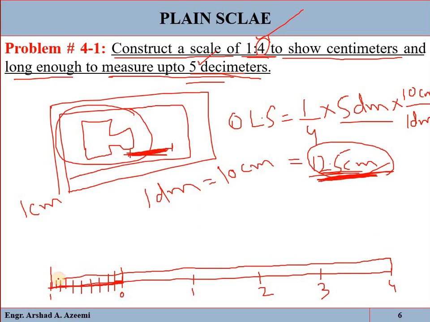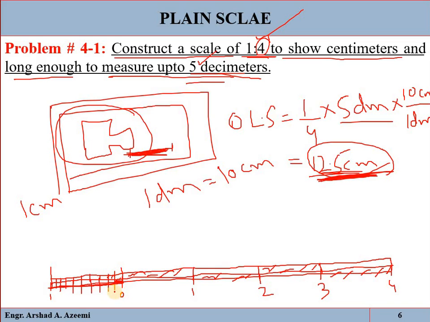Just draw another line and join it, just for the sake of clarity and attractiveness. At the center you can draw another line. Just shade this portion and this one, also shade this portion, so it will look more visible and clear.